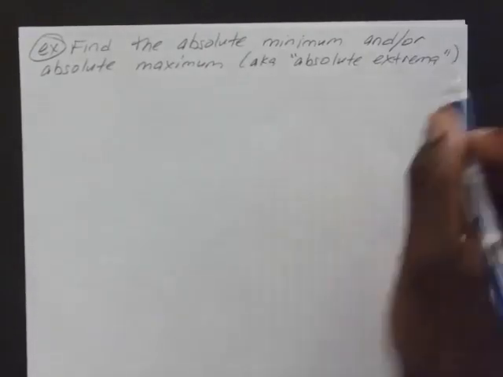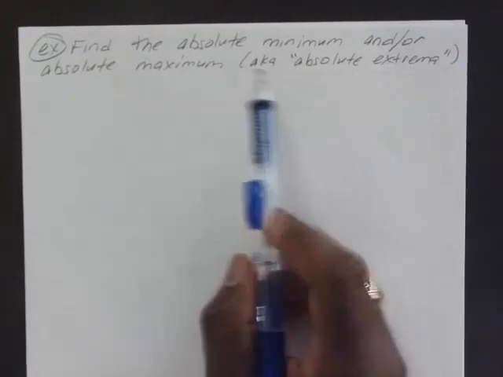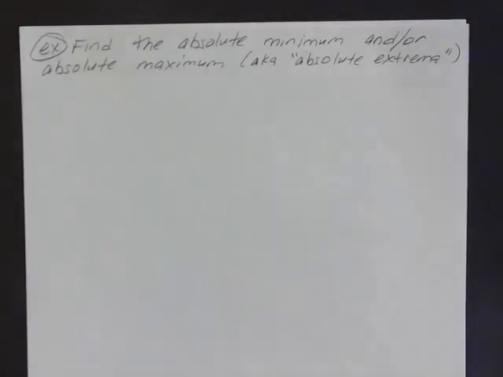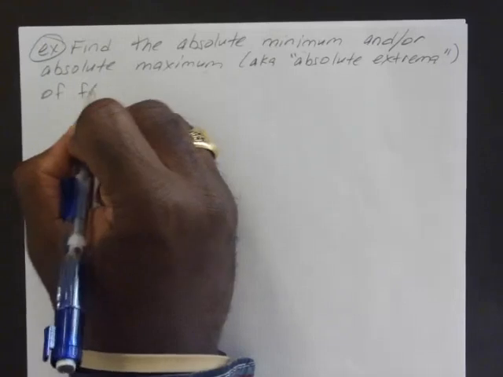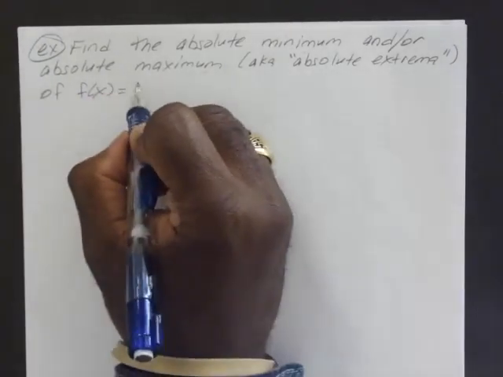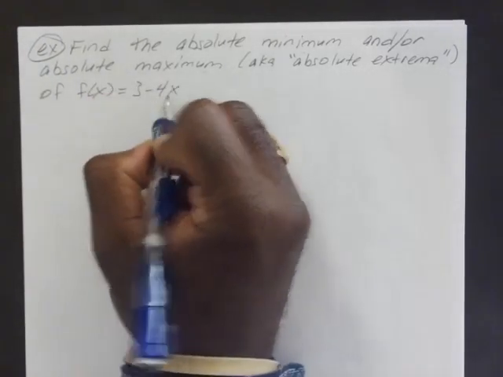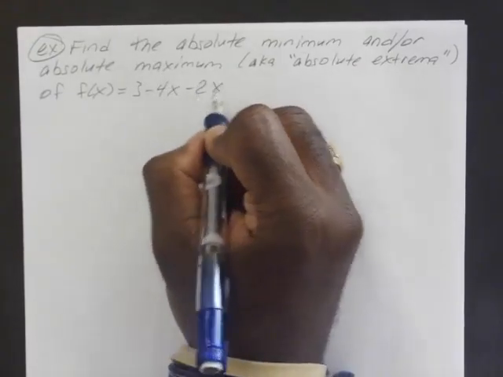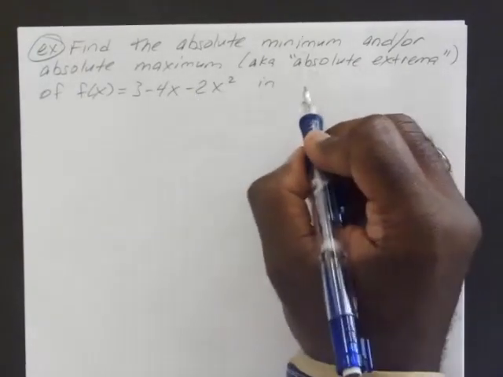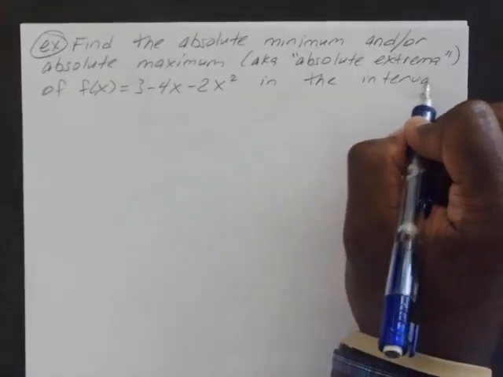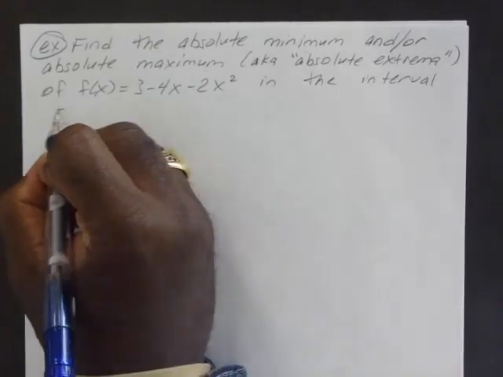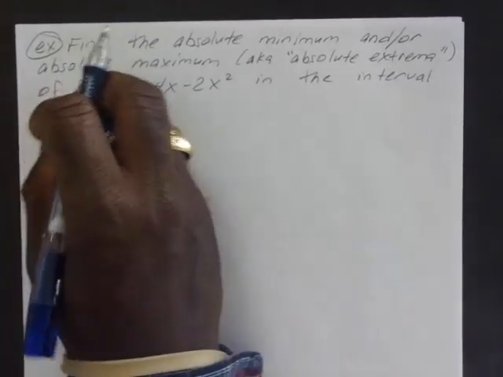So if you see a problem that says find the absolute extrema, they just mean the absolute minimum or absolute maximum of the function f of x is equal to 3 minus 4x minus 2x squared in the interval from negative infinity to infinity.